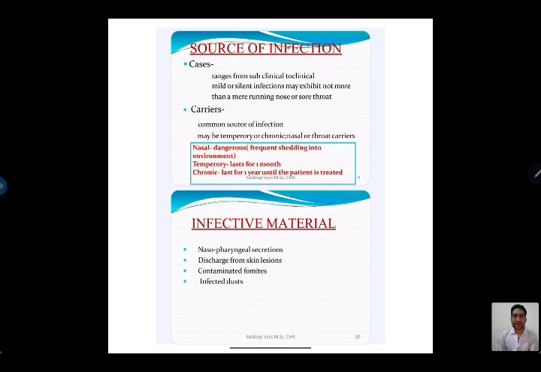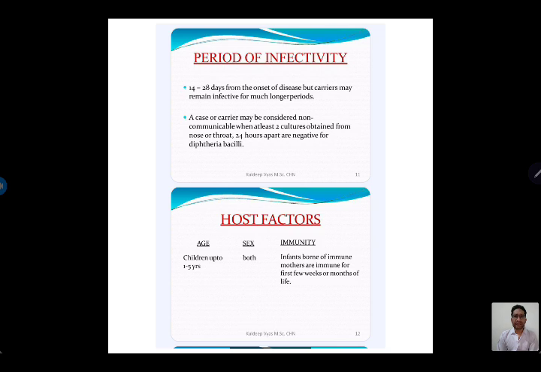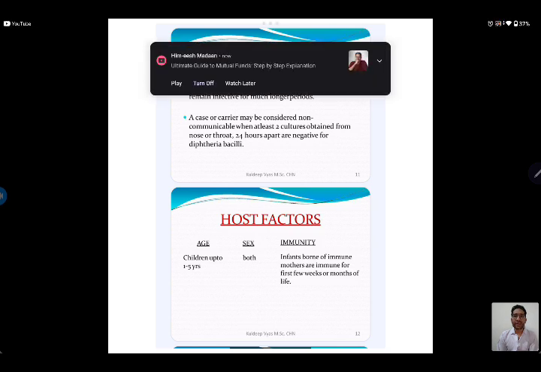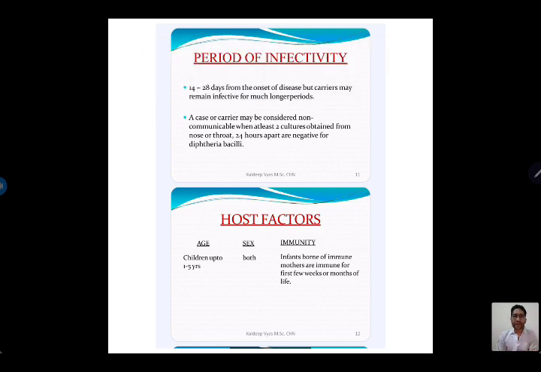Temporary carriage lasts for 1 month. Chronic carriage lasts for 1 year until the patient is treated. Infective material: nasopharyngeal secretions, discharge from skin lesions, contaminated vomitus and infected dust. The period of infectivity is 14 to 28 days from the onset of the disease, but carriers may remain infective for much longer periods.